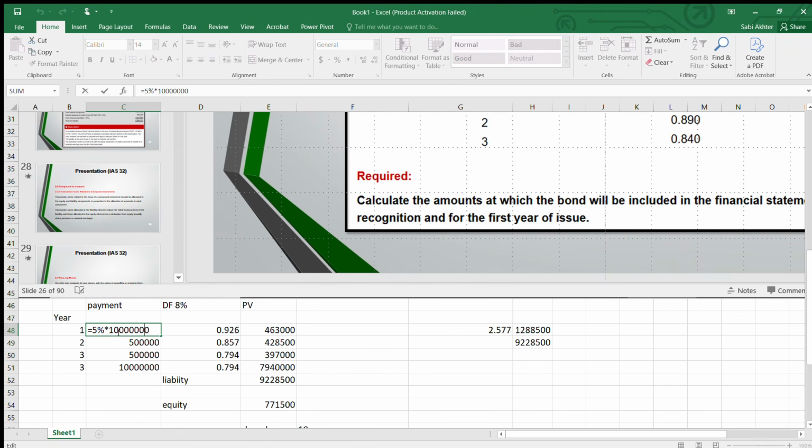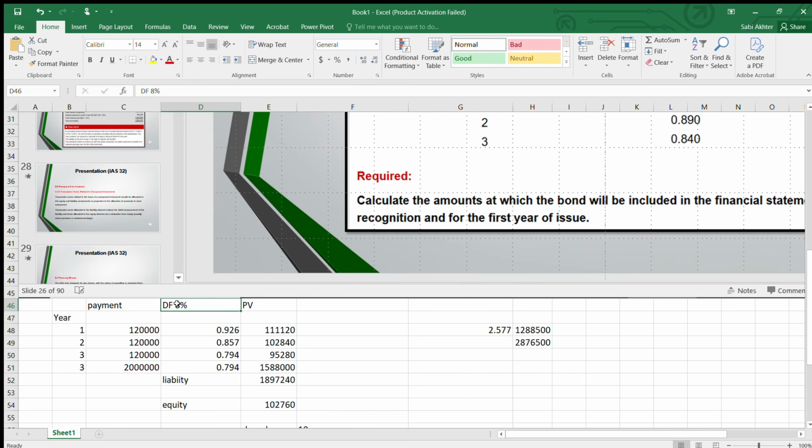So just put this as 6% and this, rather than 10 million, it is 2 million. You see, automatically it is 120,000. So this 3 also is the same. And here, just change the 10 to 2 million.